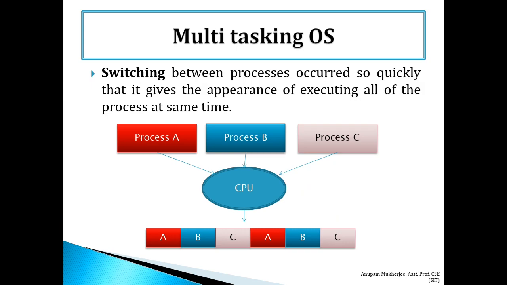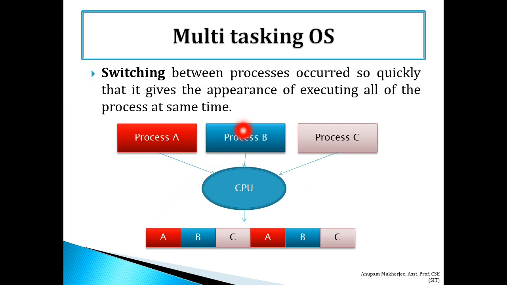Switching between these processes occurs so quickly that it gives the appearance of executing all of them at the same time. I'm giving a particular time quantum to each and every process, say 10 seconds for each process. Say process A wants to access the CPU, it will execute for 10 seconds, then it will swap out from CPU to memory.